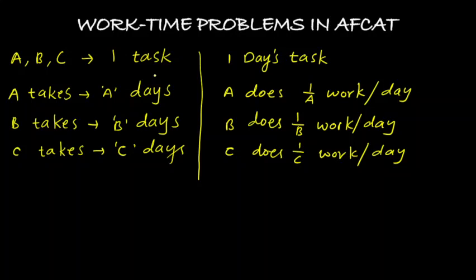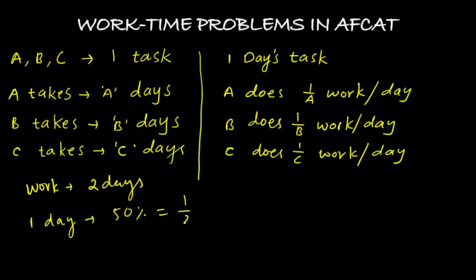Now, if you want to find one day's work, let us say that you complete one work in 2 days. So in one day, you are able to complete 50% of the work, that is half of the work.